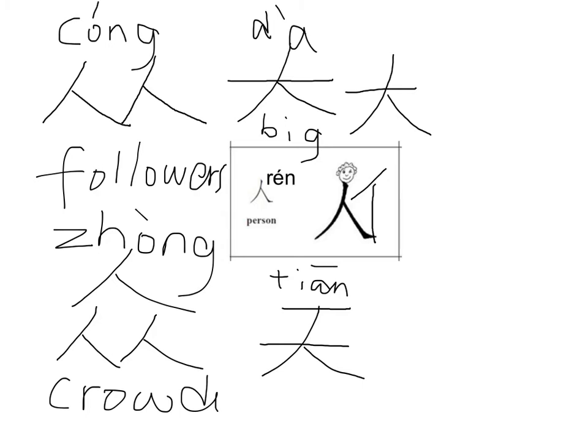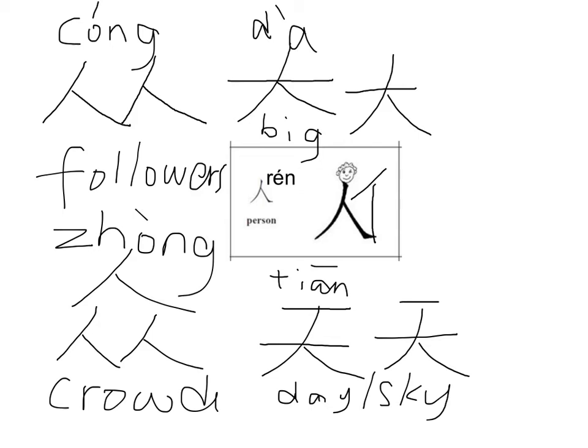It means day or sky. And actually, the correct way to write this character is from top to bottom, from left to right. 横撇捺, that's 天.